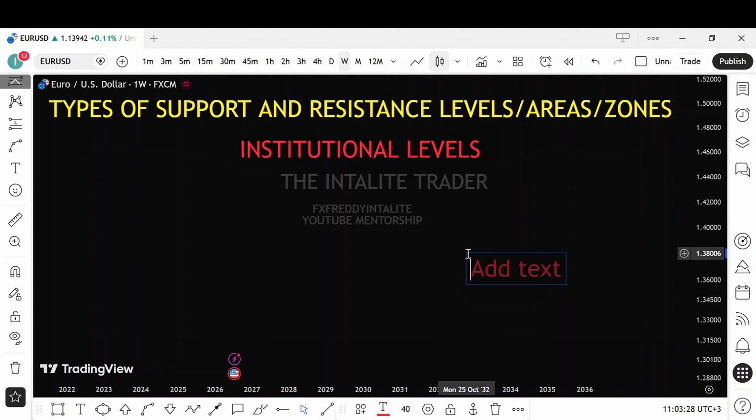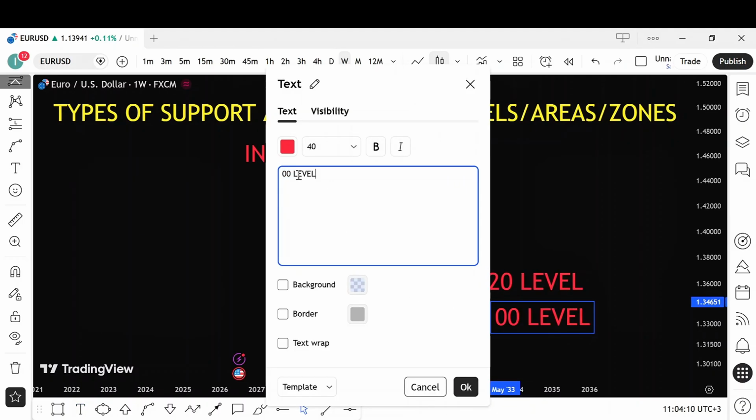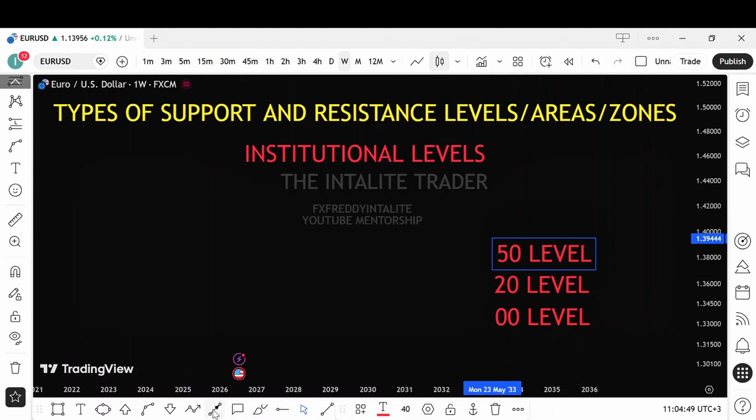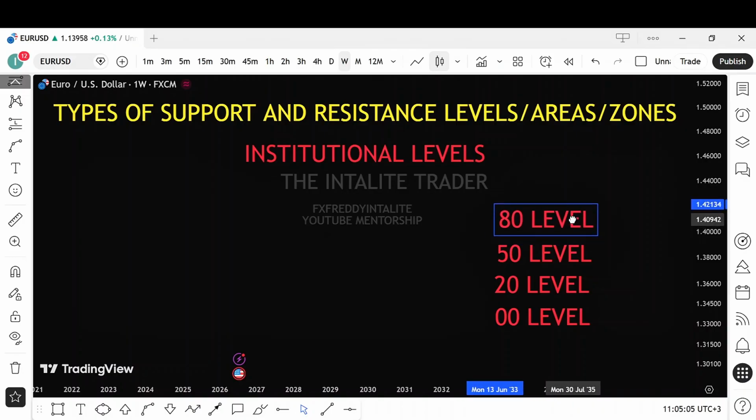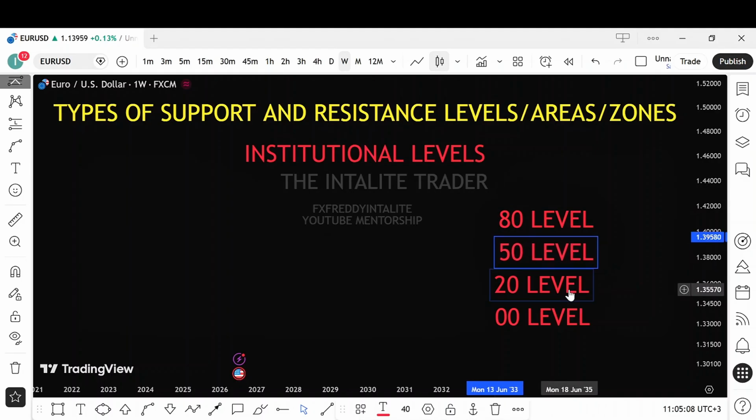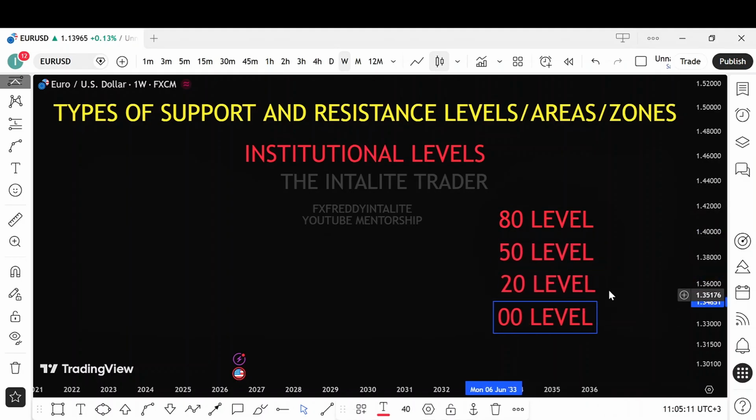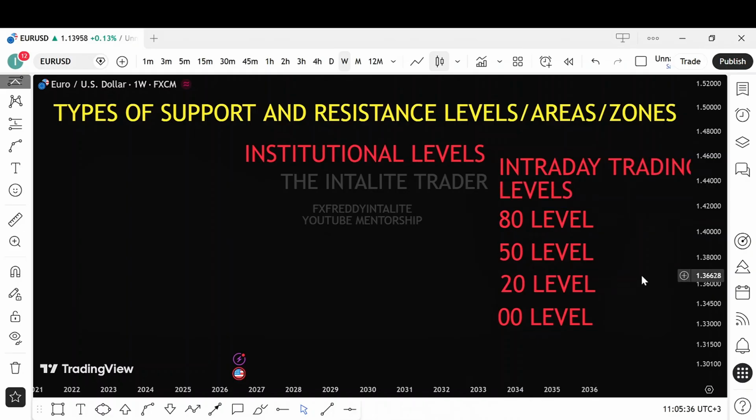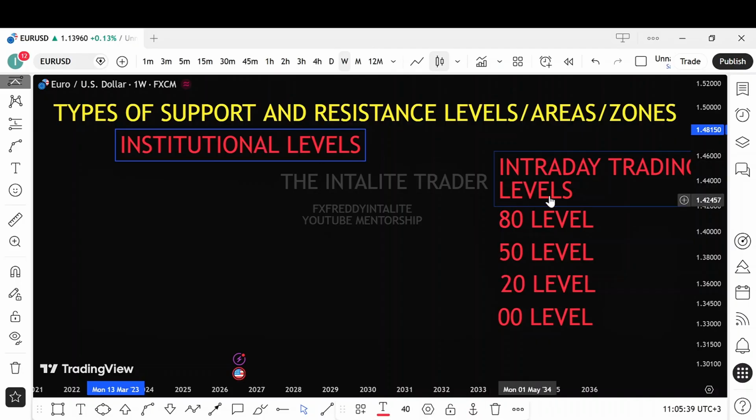We have the 00 level, then we have the 20 level, the 50 level, and then the 80 level. If you remember psychological numbers, these are the levels, or we shall call them intraday trading levels.